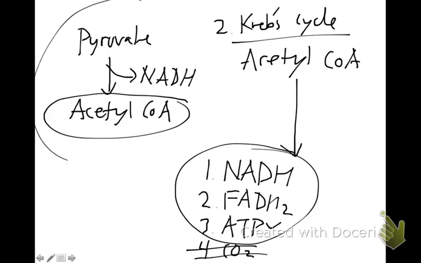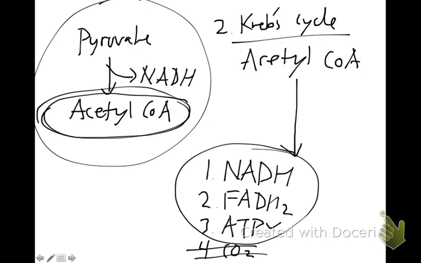Okay, so this part right here, all I'm trying to tell you is that pyruvate needs to become this intermediate acetyl-CoA in the mitochondrial matrix before it goes into the Krebs cycle.